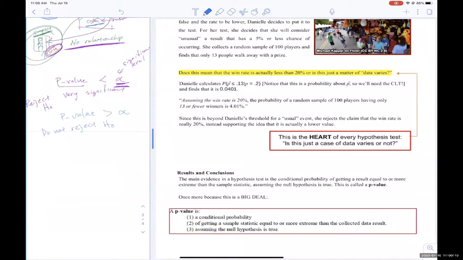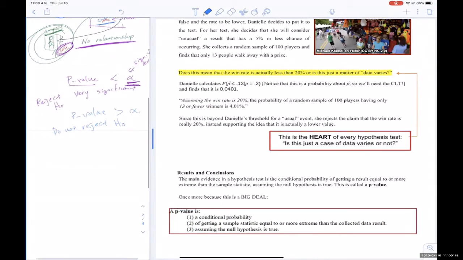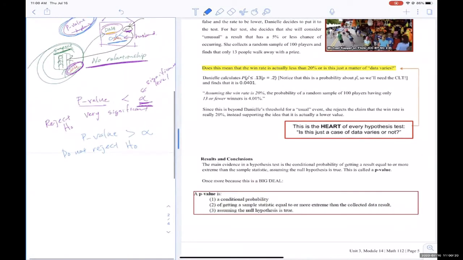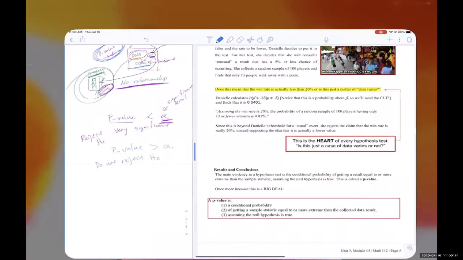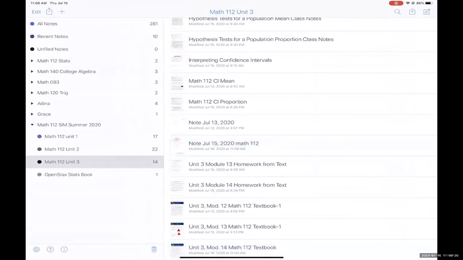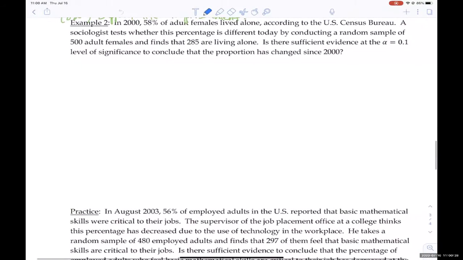What I want to do is focus on the next 20 minutes to go over a step-by-step process of hypothesis testing. Now that you have an overview of what we're looking at, let's do this one right here.